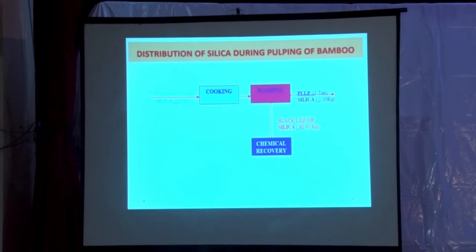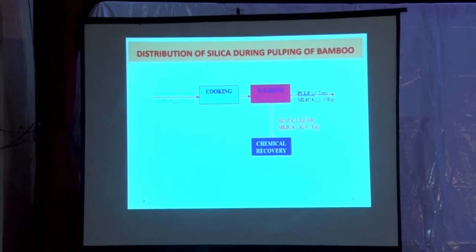There may be a simple question anybody may ask: bamboo has 2.5% silica and wheat straw contains 4 or 5% silica. But when you compare the black liquor of bamboo and wheat straw, it is almost 2.5%, maximum 3%, in wheat straw, and the same in bamboo, 2.2 or 2.5.